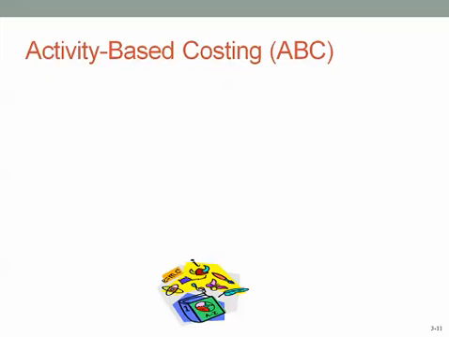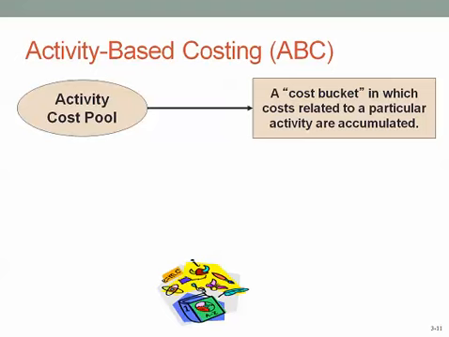When we calculated a single plant-wide predetermined overhead rate, we took our total estimated overhead cost and divided it by some estimated activity level to calculate our predetermined overhead rate. For our activity-based costing system, instead of using a single cost pool, we're slicing our overhead up into various activity-related cost pools.